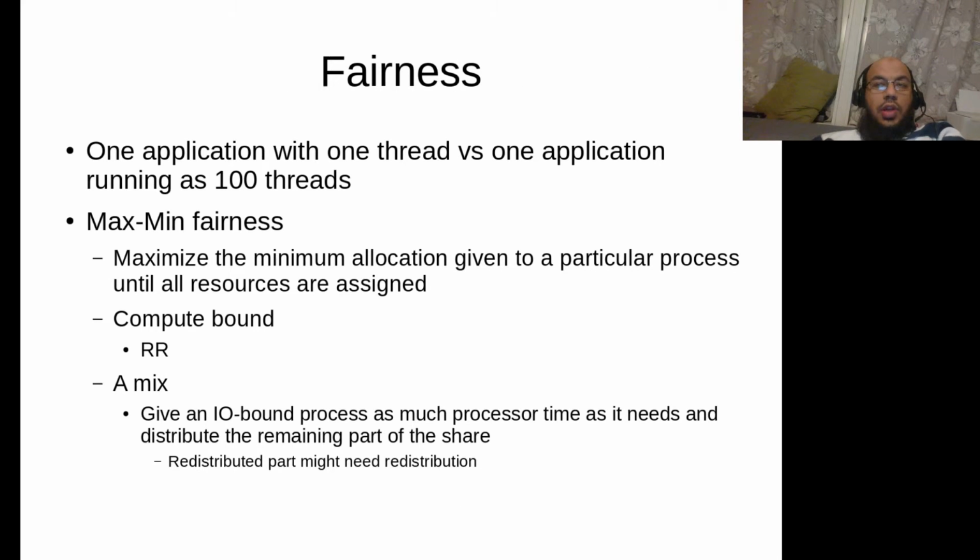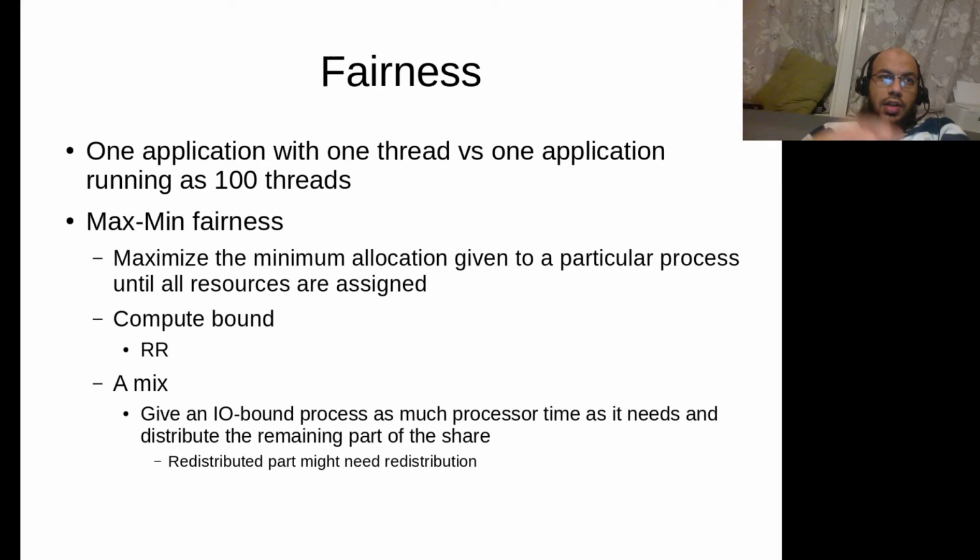So the concept of fairness is really hard to quantify, and almost all schedulers try to apply some notion of fairness. This is also important because you might try to game the scheduler by having an application that starts 100 threads, while another application has just one thread. These are competing applications, right?